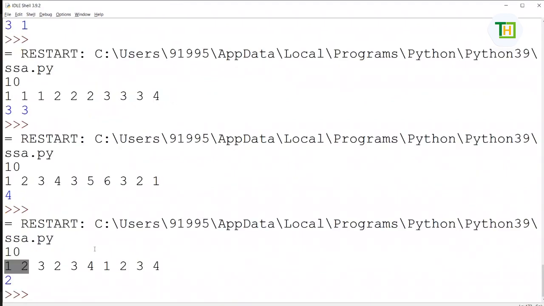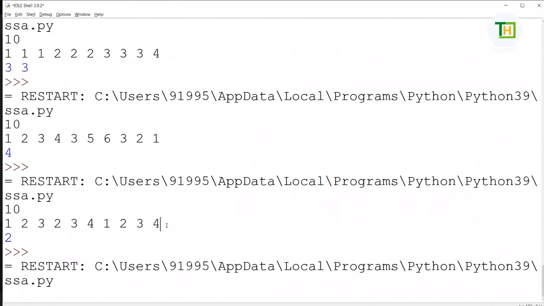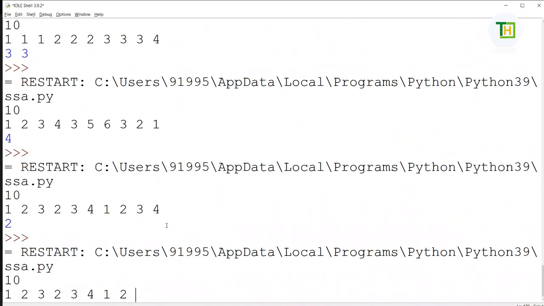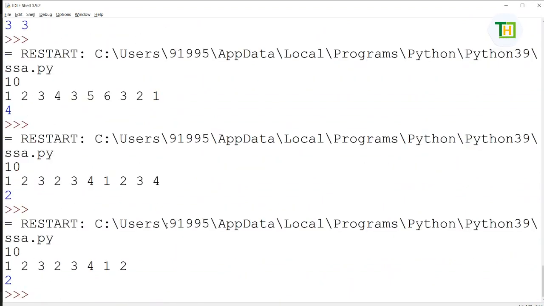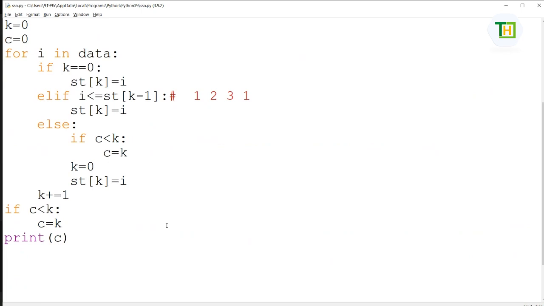Something is missing. If this is the input, it's 2 only. If c is less than k, c is equal to k. Then k is equal to 0, st of k is equal to i here, then k is incrementing every time.